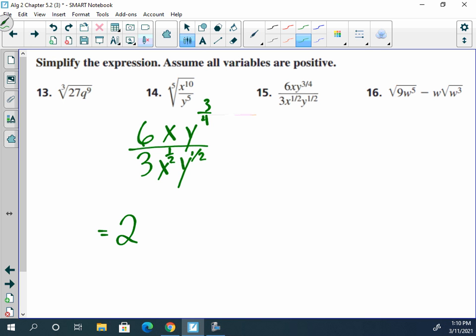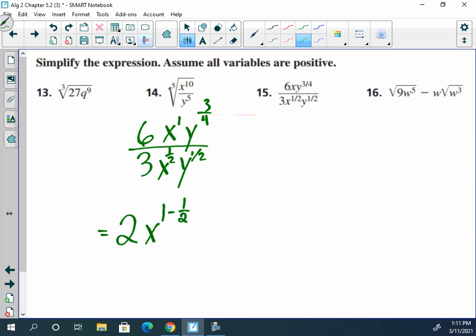So that takes care of 6 and 3. Now we have x in the numerator and x to the 1/2 in the denominator. Since x doesn't have an exponent written, it's automatically 1. And when the bases are the same and we're dividing, we subtract the exponents. So here we'll have x to the 1 minus 1/2, and we can combine those in a minute.